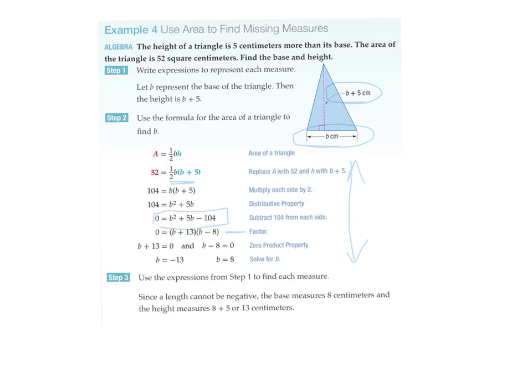If you can't, obviously you've got to use the quadratic formula. You will finish up with 2 solutions. Well, again, just like last time, you cannot have a negative distance. So b has to be 8, then you can plug it in and do the work. So b would be 8 and the height would be 13. So it's a half times 8 times 13, which will give you 52 centimeters squared.